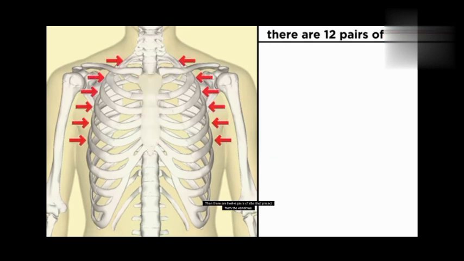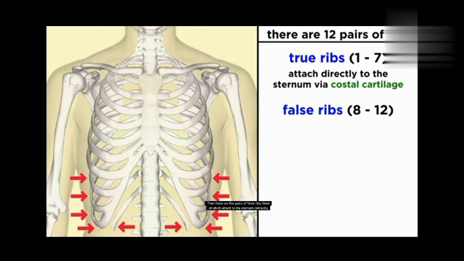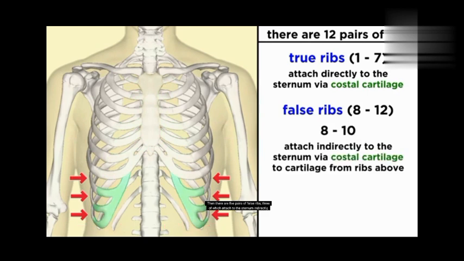Then there are 12 pairs of ribs that project from the vertebrae. The first 7 pairs attach directly to the sternum via sections of costal cartilage, and these are called true ribs. Then there are 5 pairs of false ribs, 3 of which attach to the sternum indirectly, with costal cartilage joining the cartilage from ribs above.